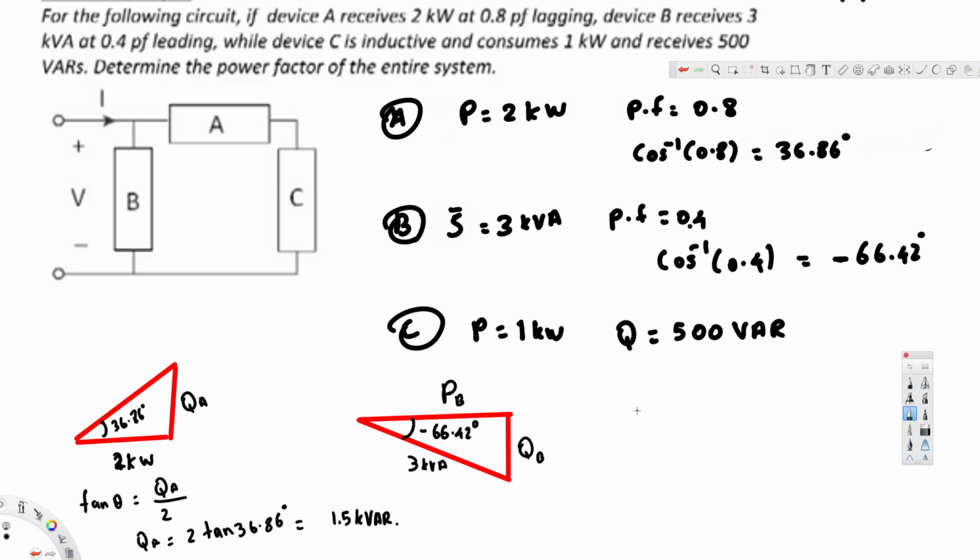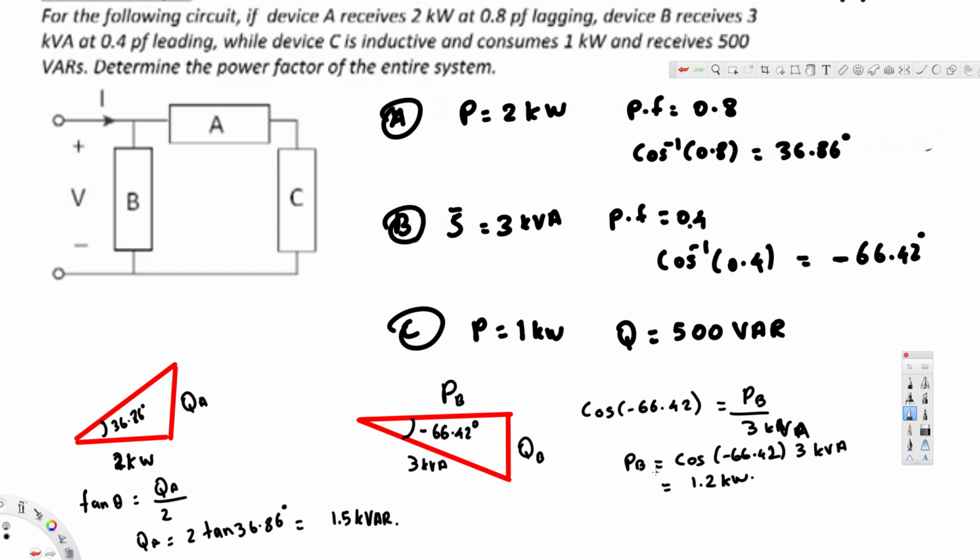First we are going to do cos theta. Cos negative 66.42 is going to be adjacent over hypotenuse. In our case adjacent is PB and hypotenuse is 3 kVA. If we rearrange, PB is equal to cos negative 66.42 times 3 kVA, and that's going to give us 1.2 kilowatts.